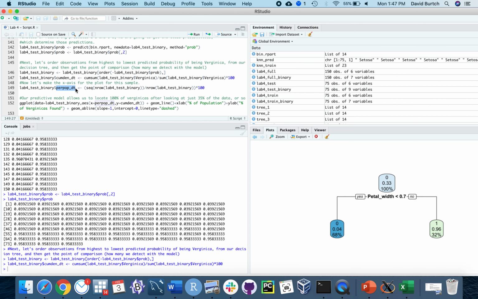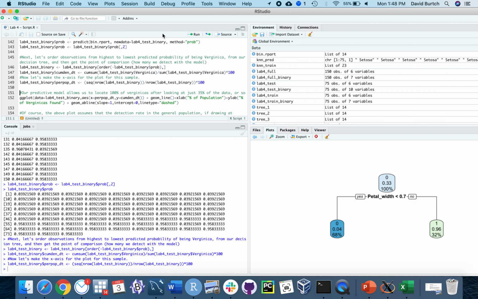So I need the x-axis that goes with it. So this is essentially how many observations I am into the data set at a given point. So am I on the 10th observation? Well, 10 out of how many? There's 75. So 10 over 75 times 100 is the fraction of observations I've looked at so far as of a given point. So that's the x-axis.